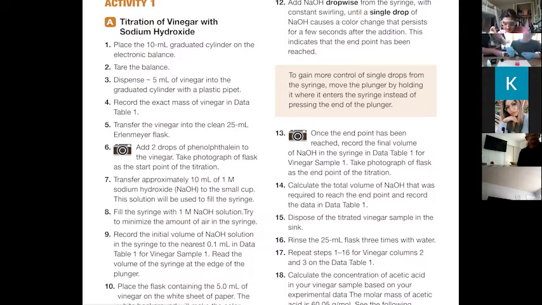So we went a little bit over. You see what the color is. This is way too bright. But it's not a complete waste of time, because we know that the titration point is going to be around 4.5. So next time we'll rapidly go to 4 and then go drop by drop, and we should get it a little bit better.